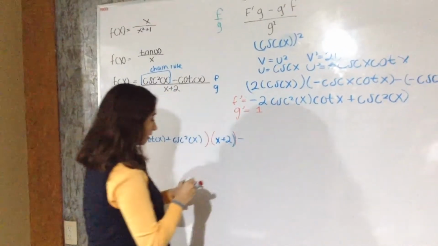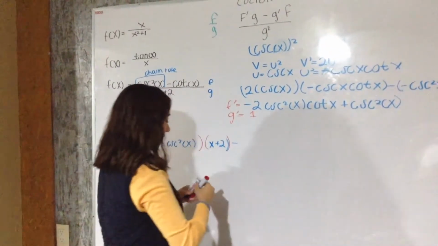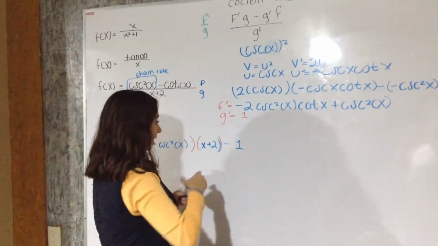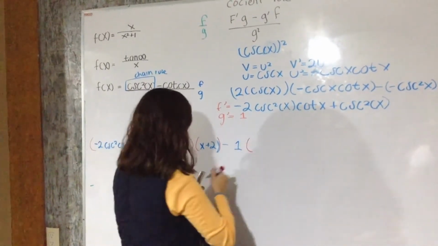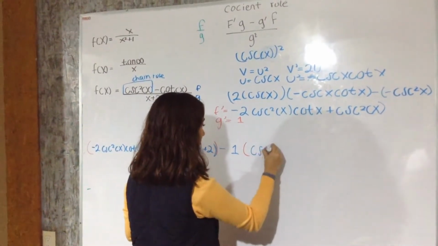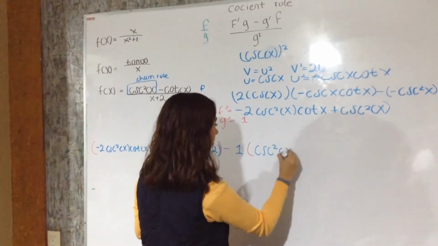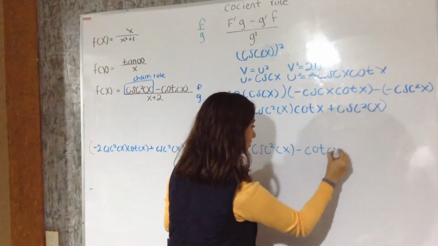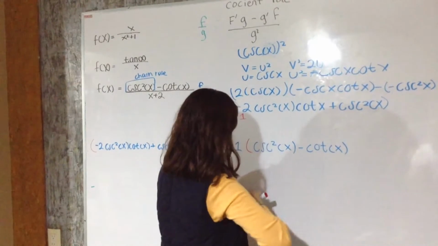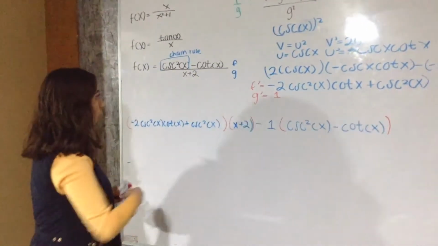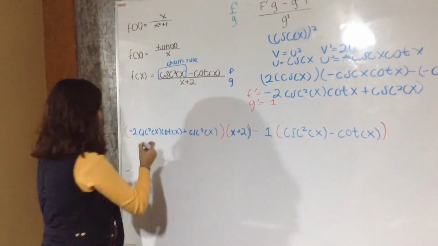Minus the derivative of g, that is 1, multiplied by f. All of this is going to be over g squared.